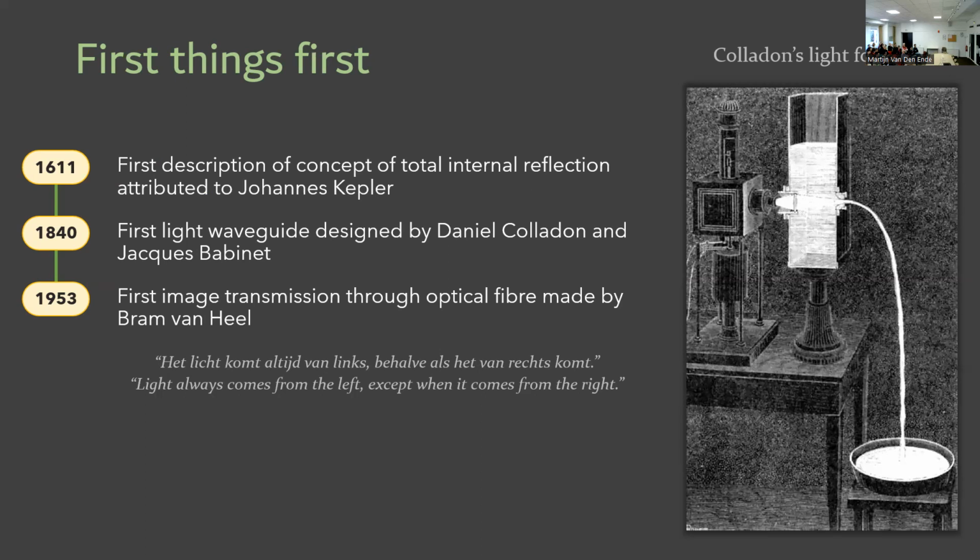Apparently he is famous for saying, het licht komt altijd van links behalve als het van rechts komt, which translates into: the light always comes from the left unless it comes from the right. So he had this Johan Cruyff style of philosophy, I guess. And this was the first transmission of images through optical fiber.